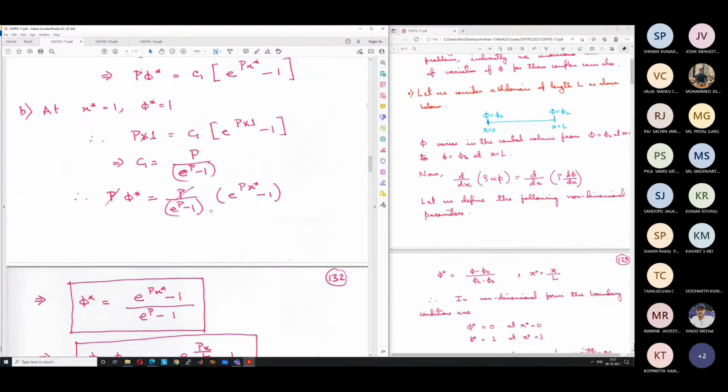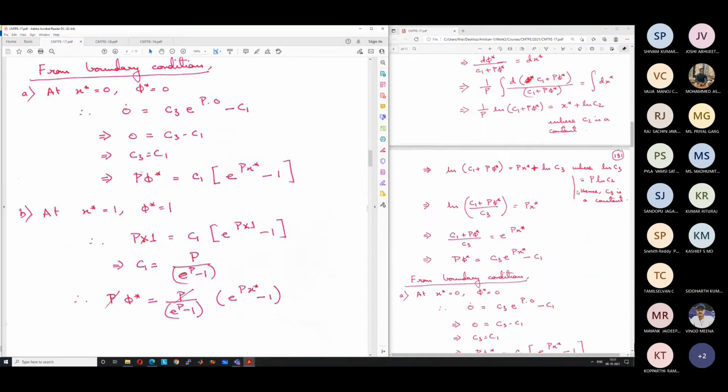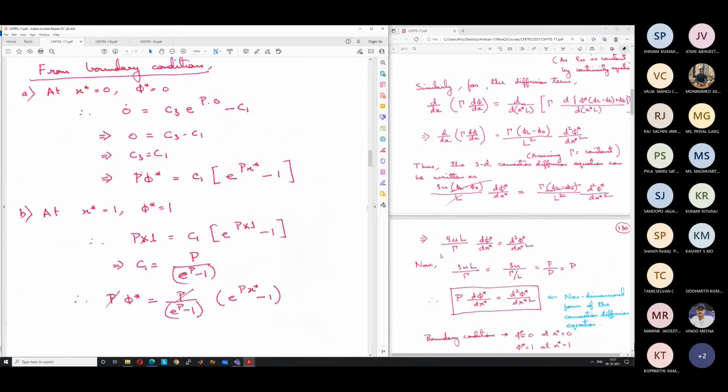So now we can write the final expression. Replace C1 by this constant.